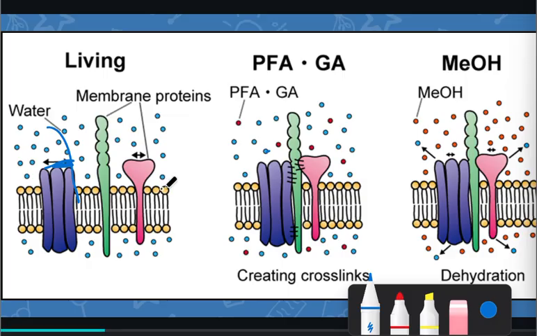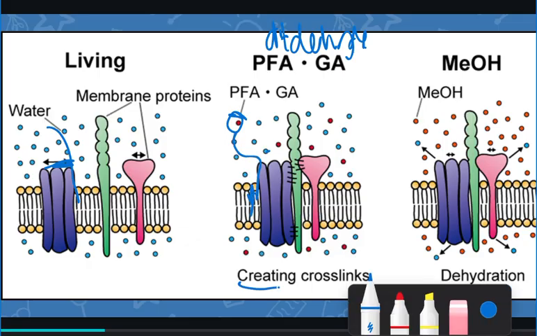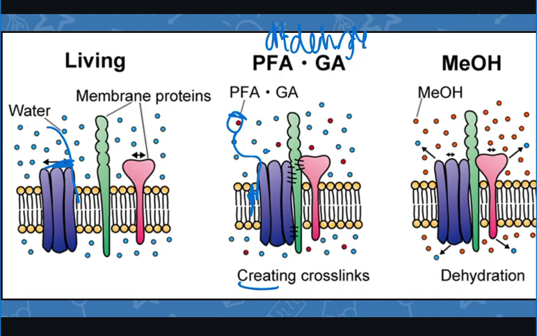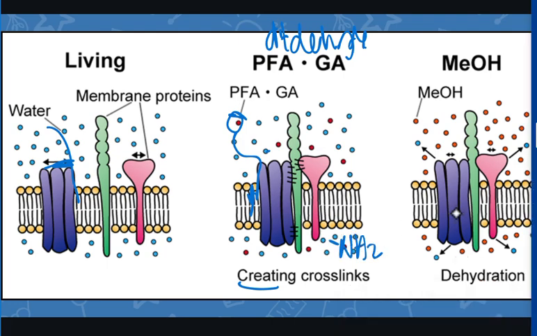They are aldehyde-based fixatives. For the penetration, these PFA molecules will diffuse into the cells and tissues where they will create cross-links. For example, PFA and glutaraldehyde react with the amino groups, for example the NH2 of the lysine residues and other nucleophilic sites on proteins.